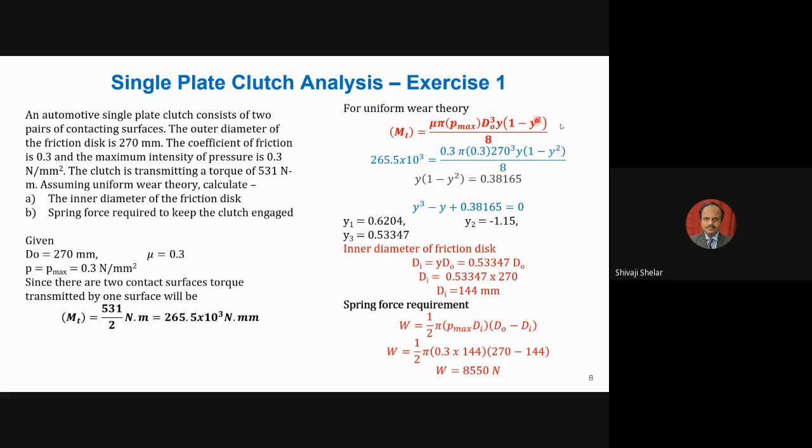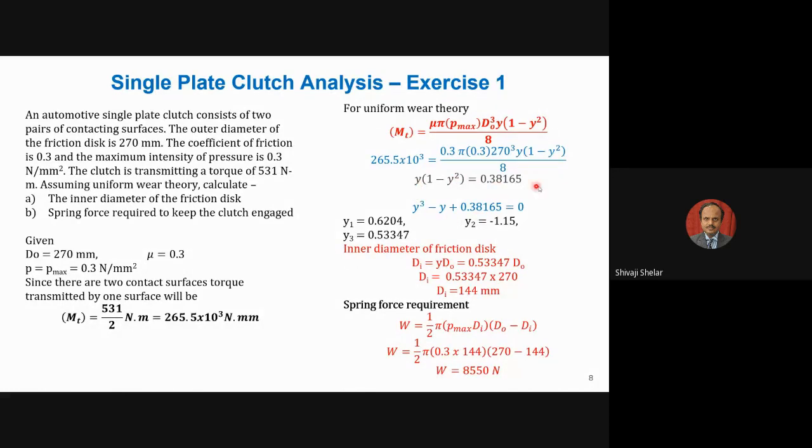Now, if we try to solve this equation, we get this equation: y into 1 minus y square is equal to 0.38165. If we reorganize this equation, taking the entire thing on the right side, y into y square coming on this side, that minus will become plus, so that is equal to y cube.